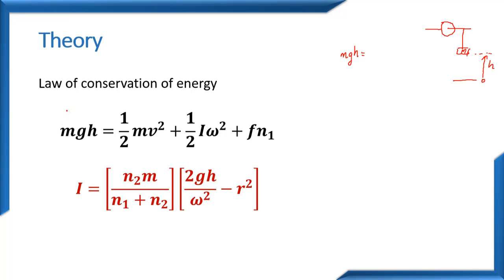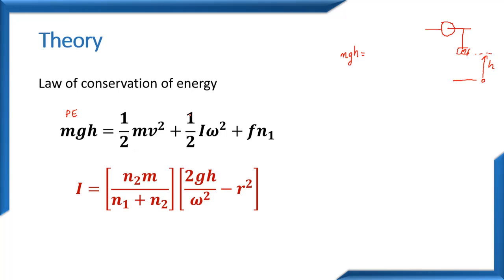This potential energy of the entire system is dissipated as the kinetic energy of the mass which is falling down.